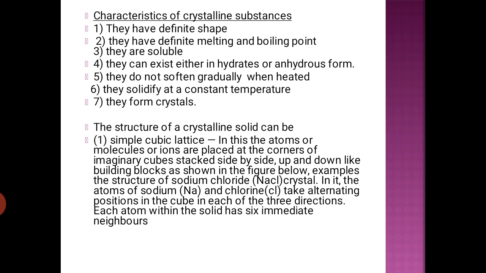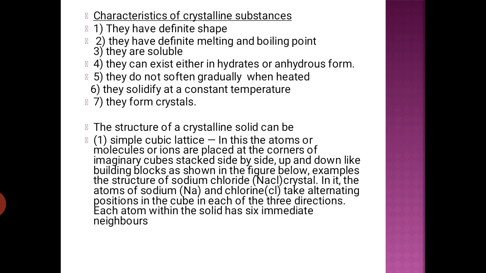In this, the atoms or molecules or ions are placed at the corners of imaginary cubes, stacked side by side, up and down, like building blocks, as shown in the figure below.